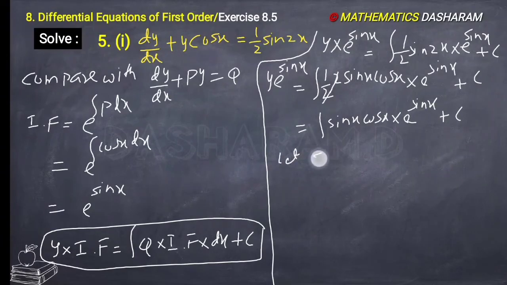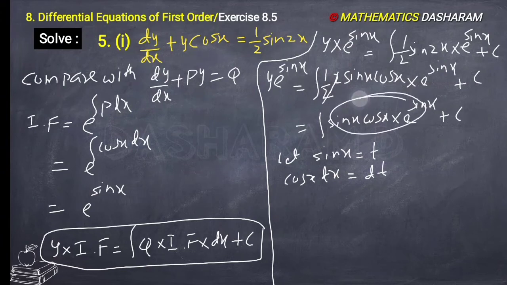So here let sin x equal t and its derivative is cos x dx equals dt. So substitute these two values in this.